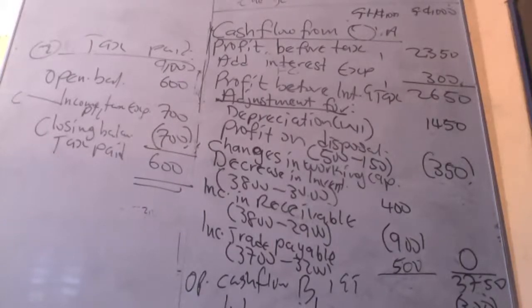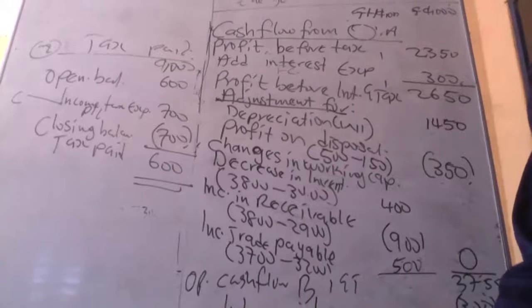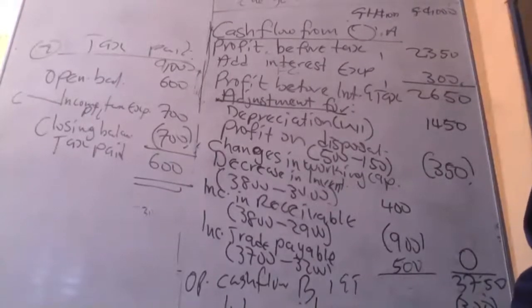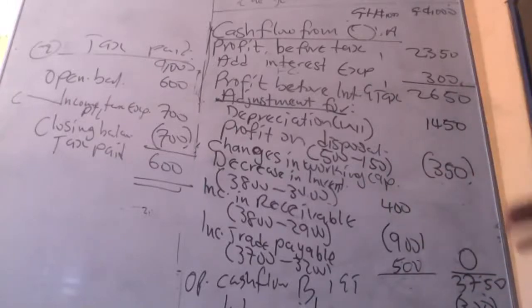Okay, so now let's move on. On that note, we have successfully finished the cash flow from operating activity. Now I'm giving you just 5 minutes to scan through and copy it. If you don't understand anything, please let me know before we move on.